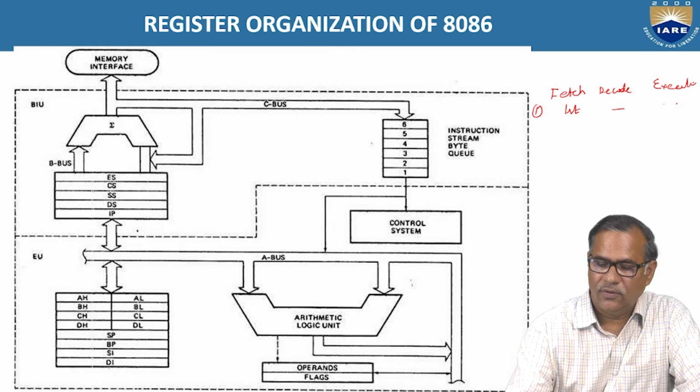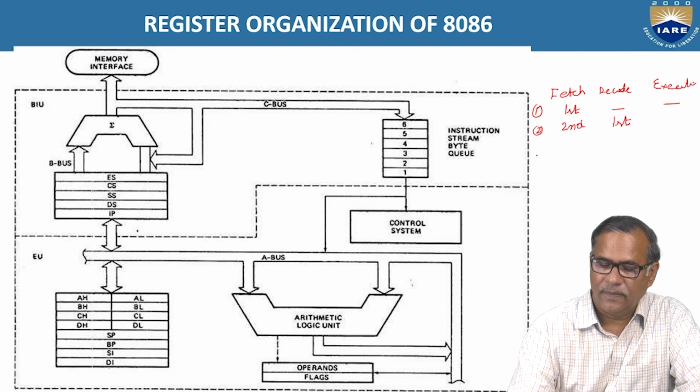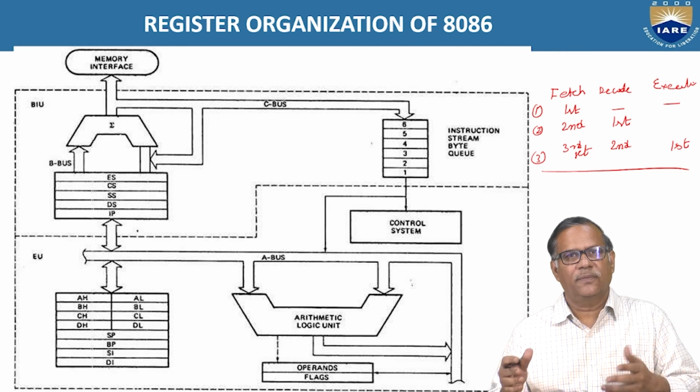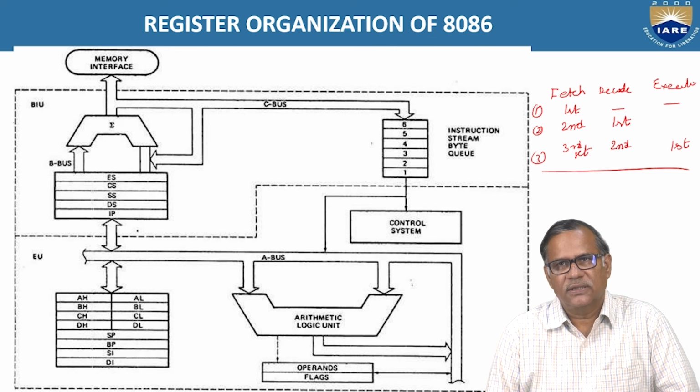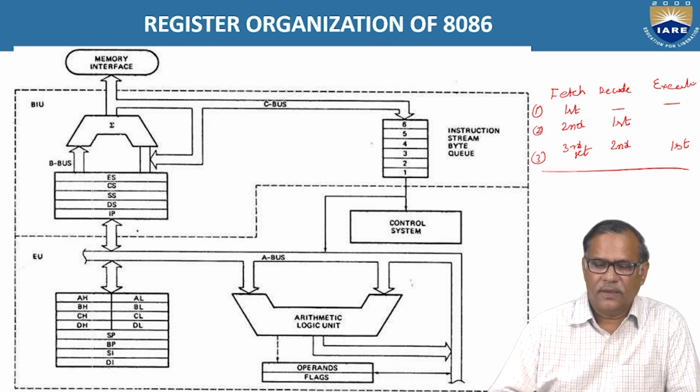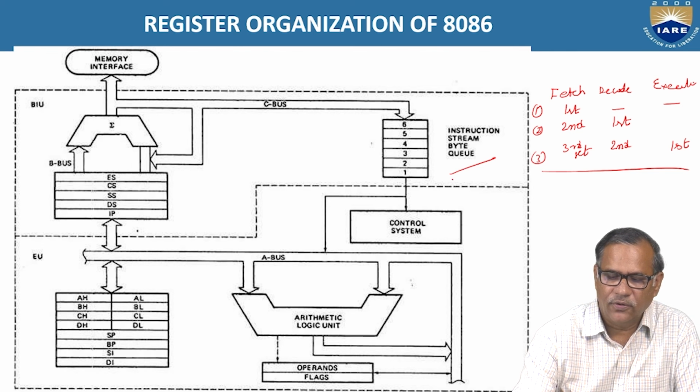Next, the first instruction goes to decoding, and at that time the second instruction is fetched. In the next stage, the first instruction gets executed, the second instruction enters the decoding stage, and the third instruction gets fetched. So this is how the fetch, decode, and execute blocks are all effectively utilized. This is called pipelining, and it is facilitated by this instruction stream byte queue register.